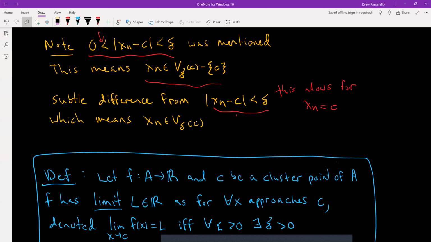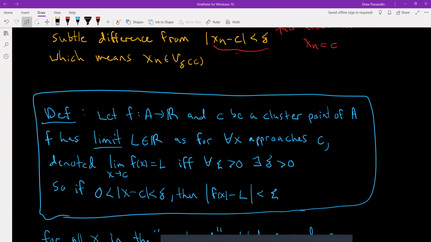So definition: let's say you're given a function f from set A to the real numbers, and C is a cluster point of A. f has a limit L in the real numbers as x approaches C, denoted, and this is from our calculus course, limit as x approaches C of f of x equals L, if and only if, for all epsilon greater than 0, there exists a delta such that if 0 is less than the absolute value of x minus C less than delta, then the absolute value of f of x minus L is less than epsilon.